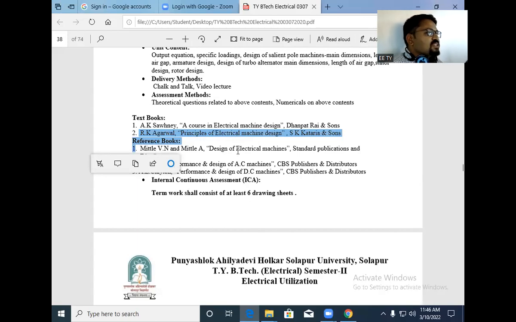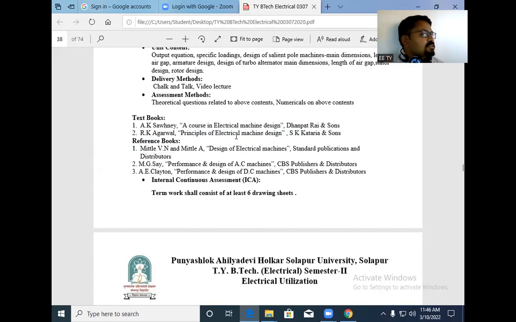As far as the history of our university or whatever it may be, not a single MCQ comes from that book. All 14 MCQs you will find in R.K. Agarwal as far as the final examination is concerned. Plenty of MCQs are available in this particular book.